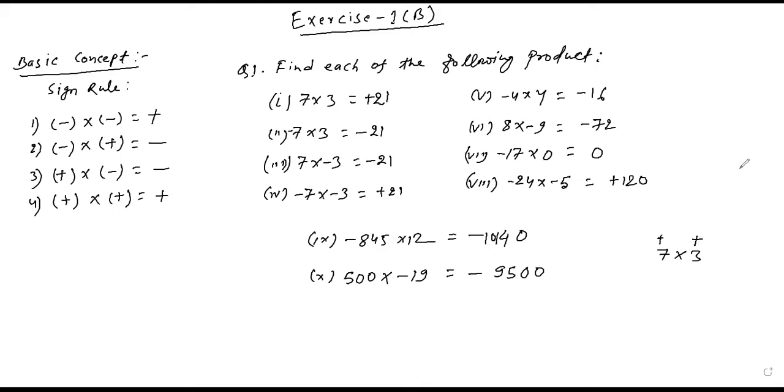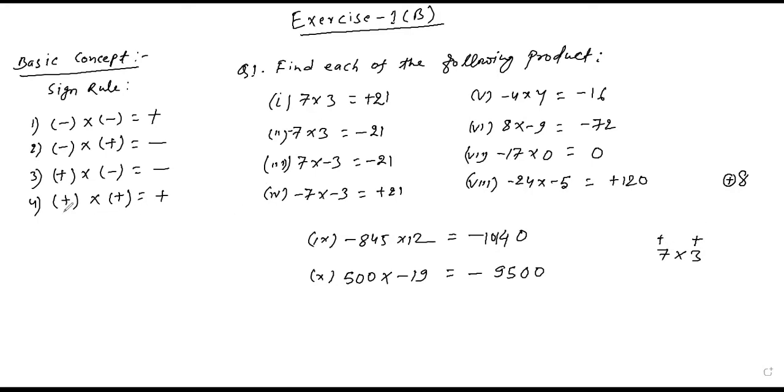Whenever any number is written with no sign, it means the plus sign is hidden with this number. This plus sign is always hidden with all numbers if no sign is given before them. So here, before 7, no sign is given, so it's a positive 7. Before 3, no sign is given, so it's a positive number. Both are positive integers.